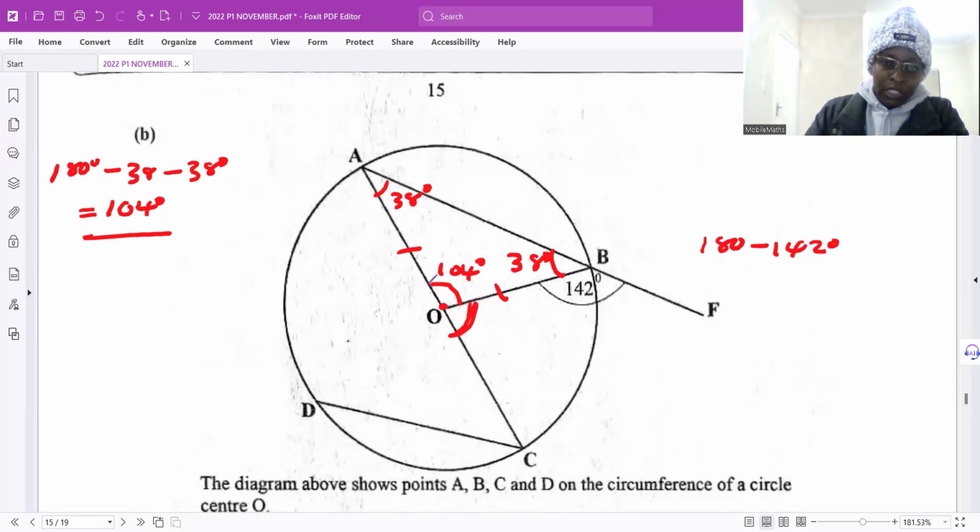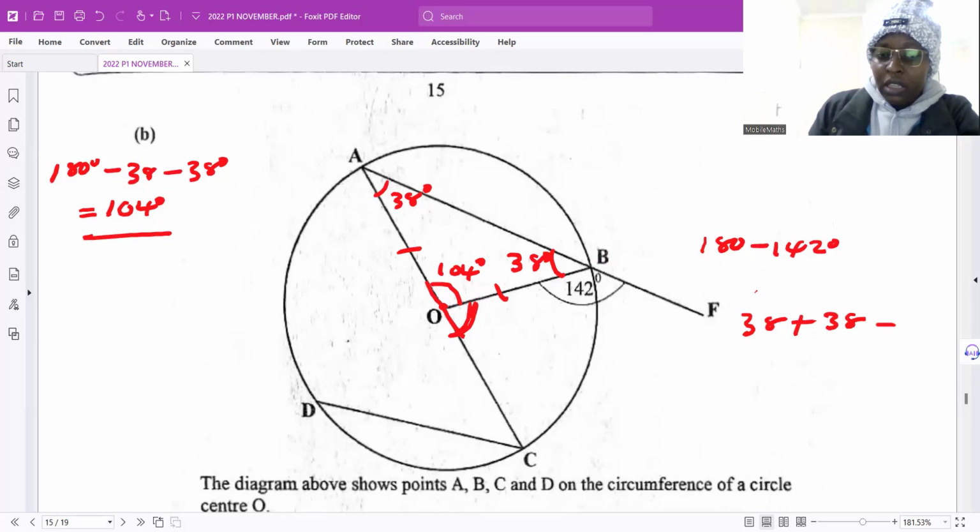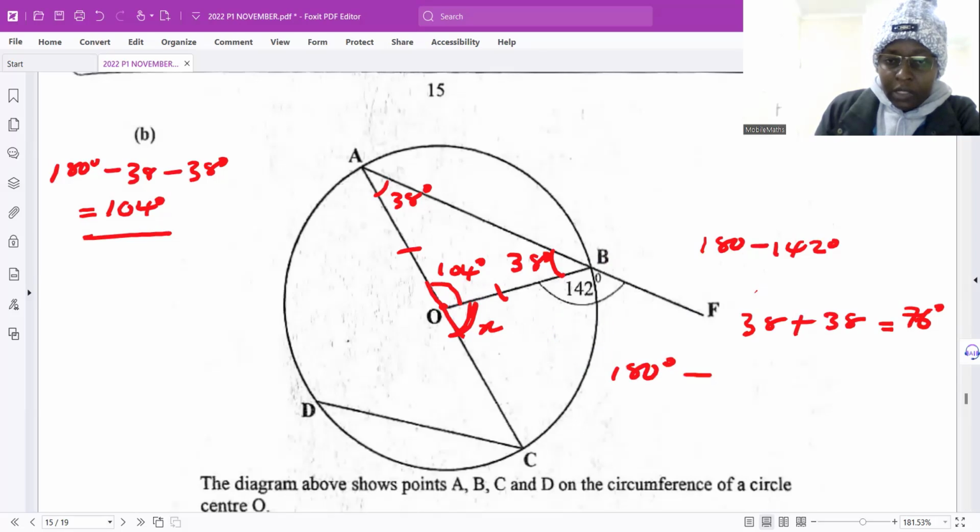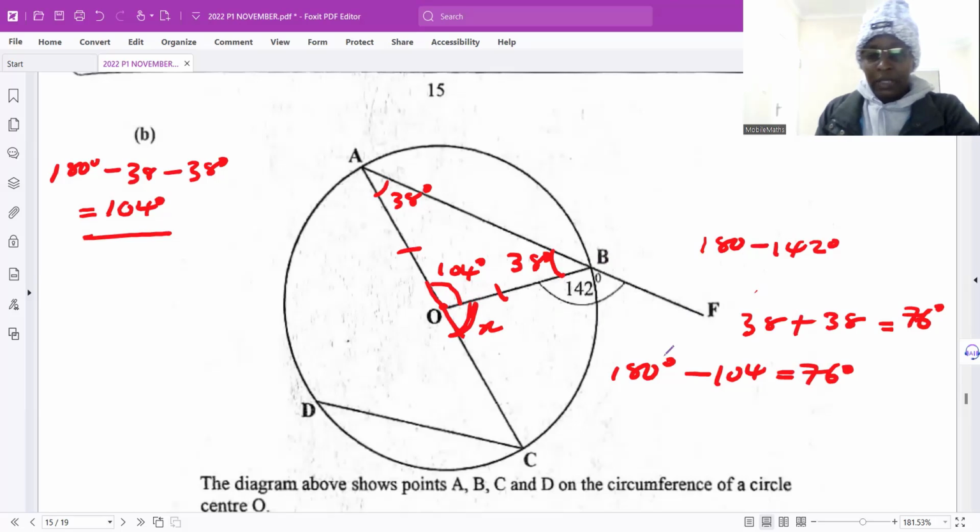This is a straight line, or else we can use that idea of opposite interior equal to exterior, where I can say 38 plus 38 will give me this angle here, X. If I add this correctly, I'll get 76. Another method, you can say 180 degrees minus 104 degrees, you still get 76 degrees. So that's the angle BOC.